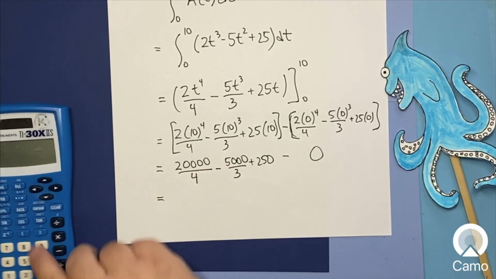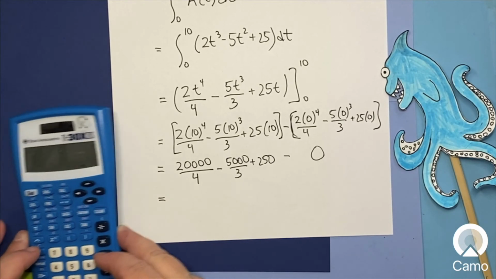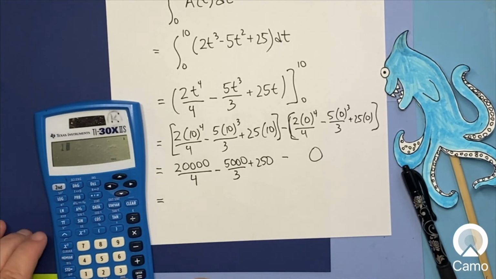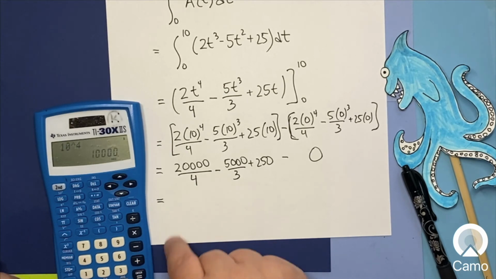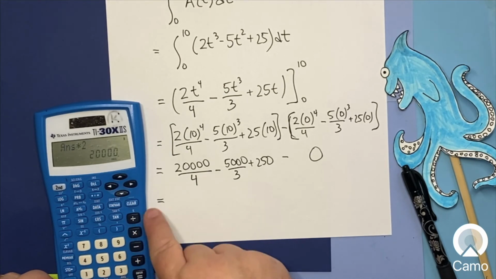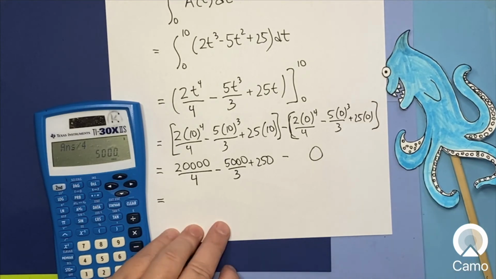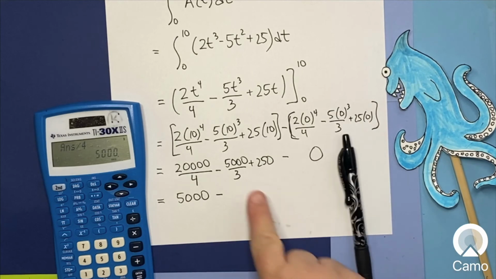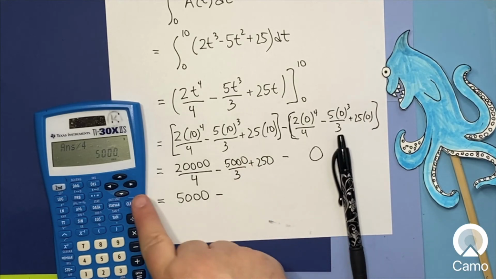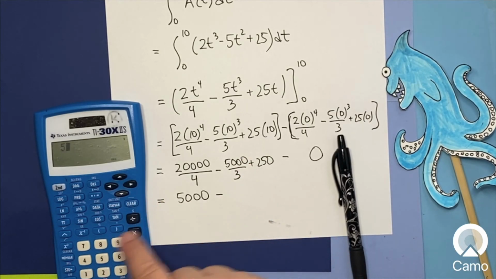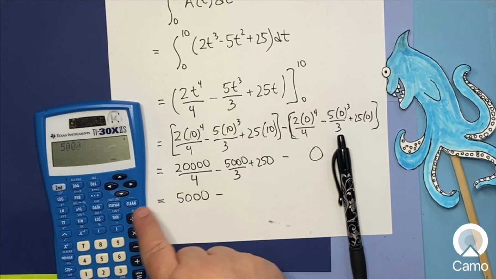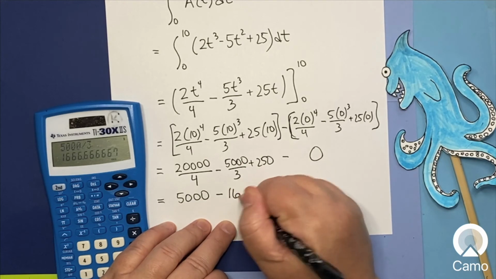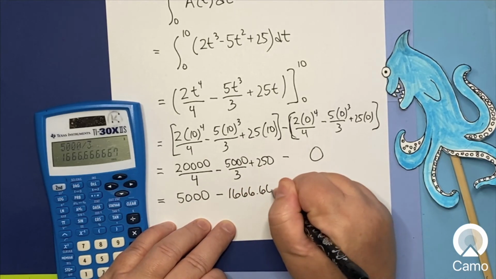And again, I don't trust my own math, so let me bring in my handy dandy calculator. 10 to the fourth times 2 divided by 4, and that gives me 5,000. And now this one's going to be a little tricky because I know this isn't going to divide easily and nicely. This is going to be 1666.66.